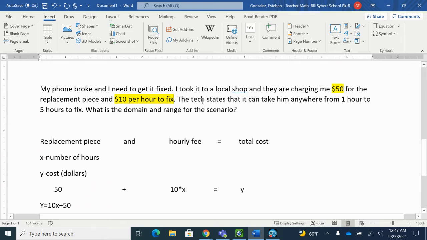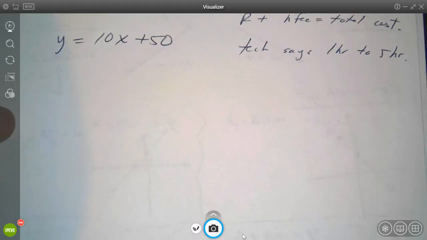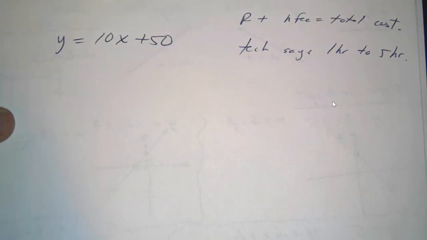But the text states that it can take him anywhere from 1 hour to 5 hours to fix. That's really important, right? And I wrote that here. Text says 1 to 5 hours, right?